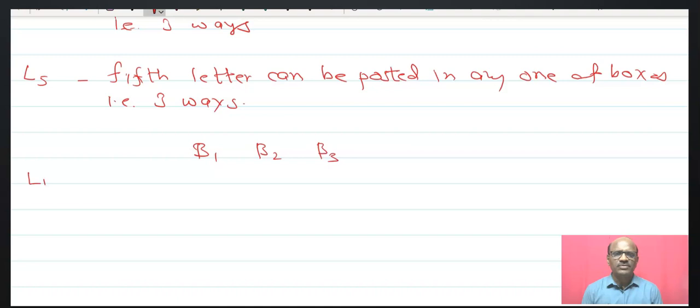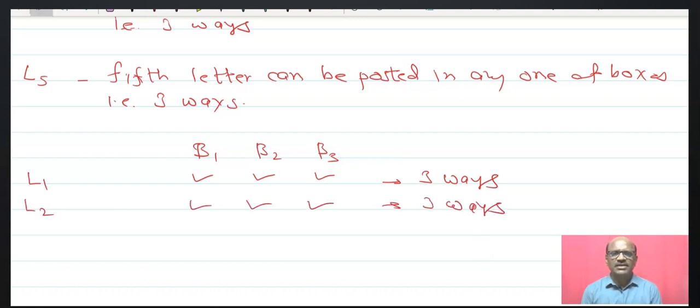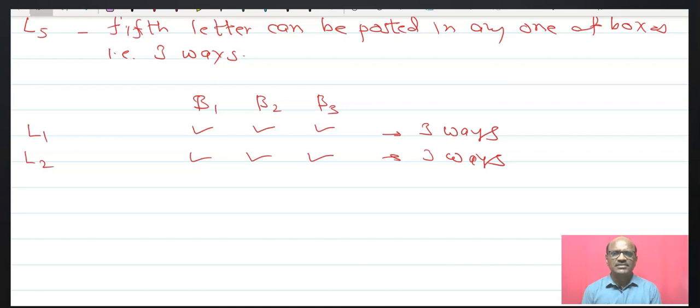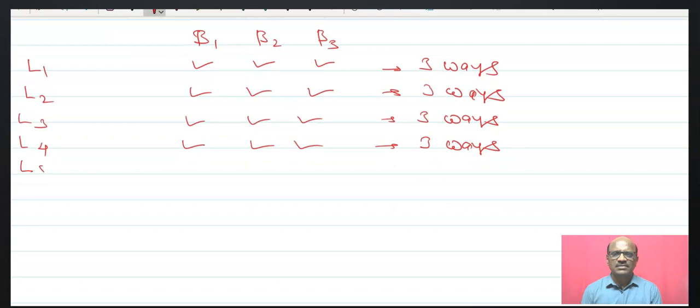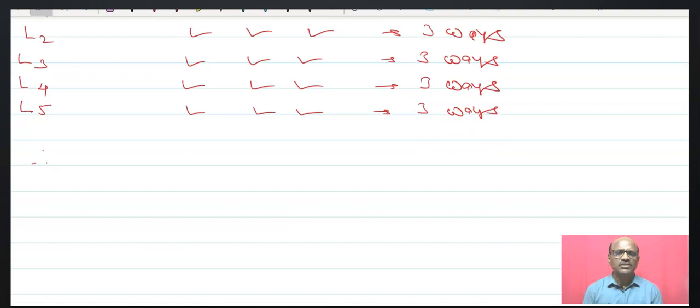Therefore, L1 we can post in 3 ways, L2 in 3 ways, L3 in 3 ways, L4, L5. Therefore the total ways are 3 into 3 into 3 into 3 into 3, a 5 times multiplication.